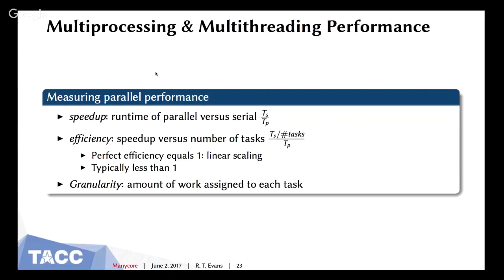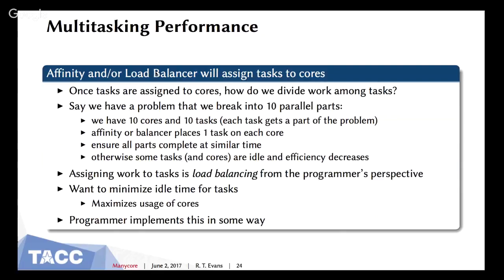Granularity is the amount of work you assign to each task. So that's how much you divide your problem up so that it can run in parallel. There'll be some examples where you might have made the wrong choice. And so we're going to talk a little bit about load balancing here and how you can handle load balancing in your code or your workflow.